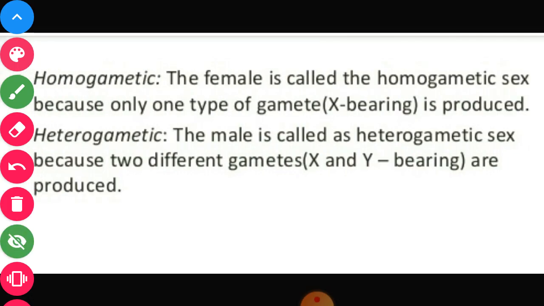Now see, homogametic and heterogametic conditions, meaning homogamety or heterogamety.